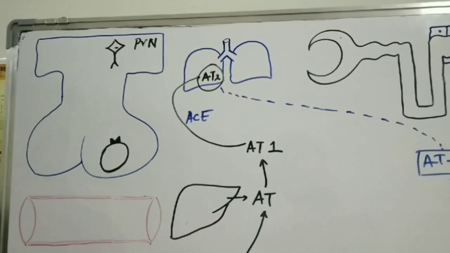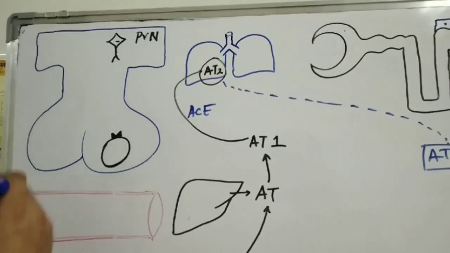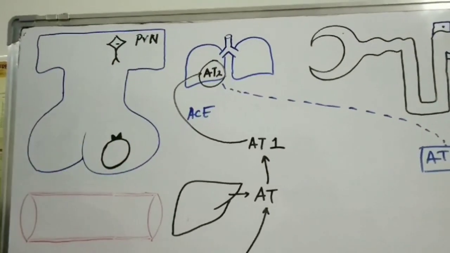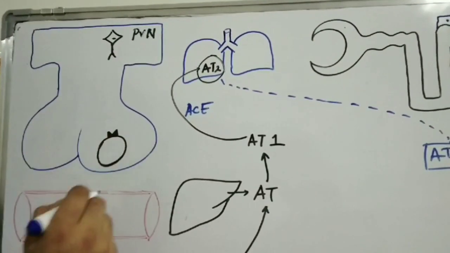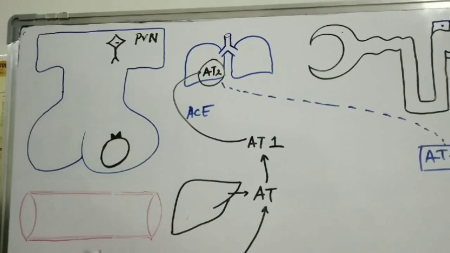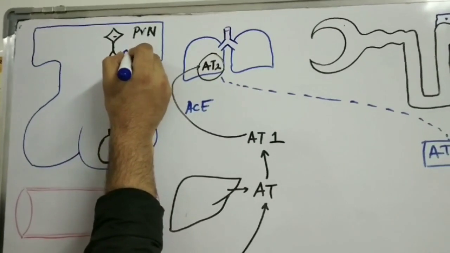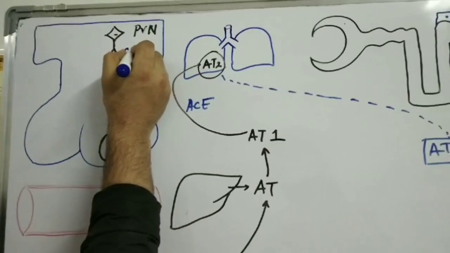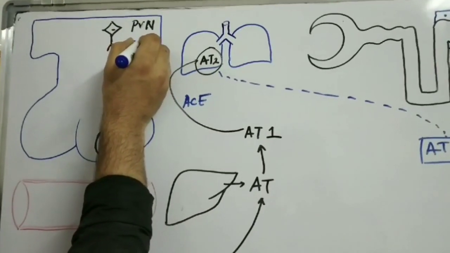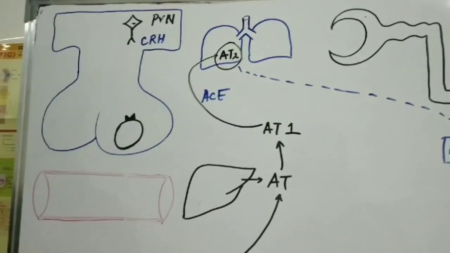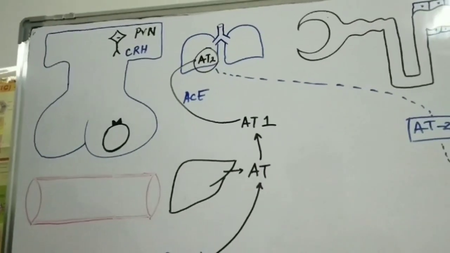This paraventricular nucleus secretes a hormone which is known as corticotropin releasing hormone, CRH.